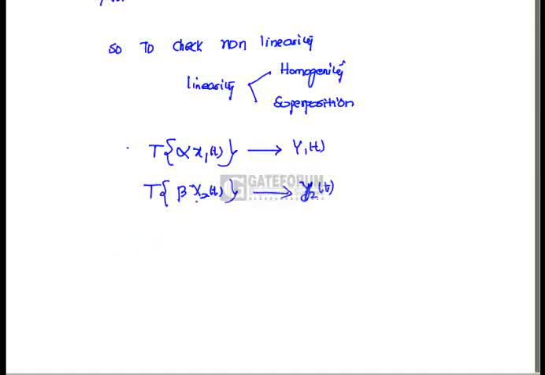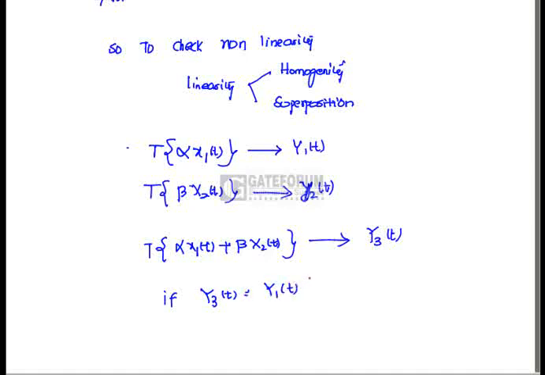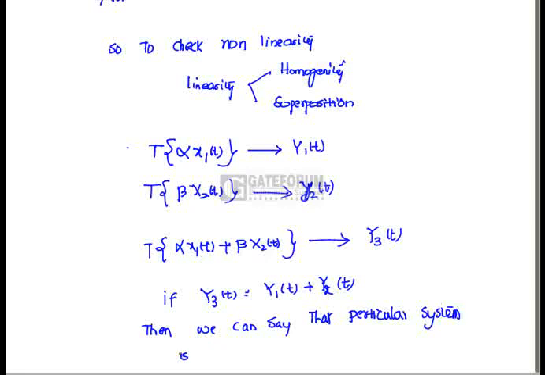If we apply the superposition of these two signals, the output is y3(t). If y3(t) is equal to the sum of y1(t) and y2(t), then we can say that particular system is linear. Otherwise, it is non-linear.